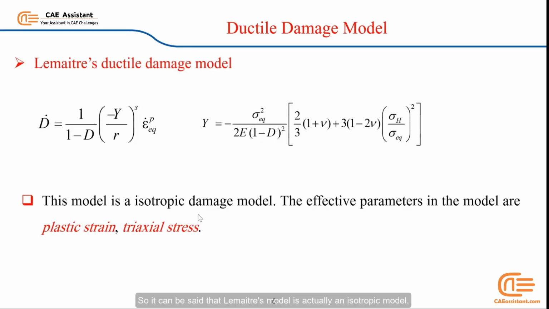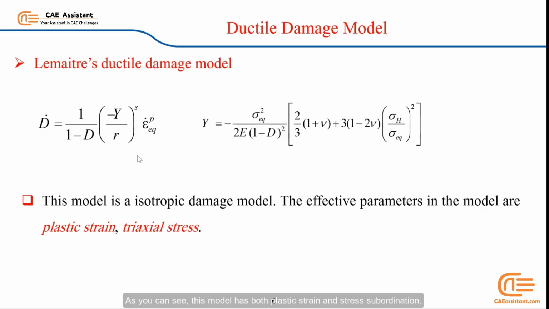So it can be said that Lemaitre's model is actually an isotropic model, and its effective parameters are the accumulated plastic strain and the Y parameter, which includes stresses. And its most important parameter is the ratio of average stress to equivalent stress, introduced as triaxiality.